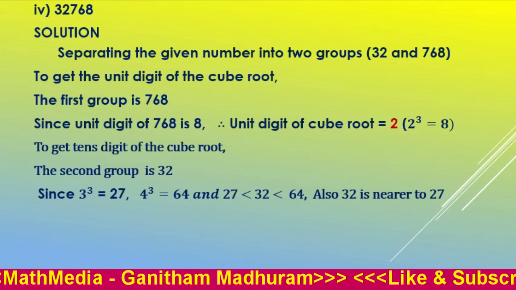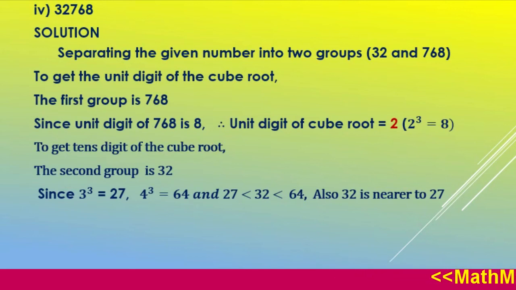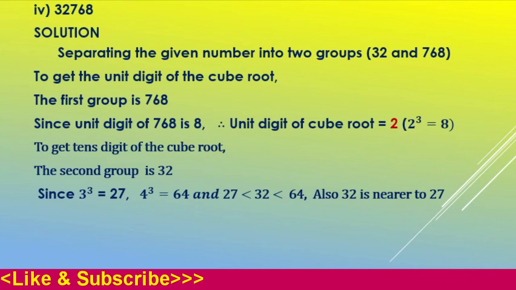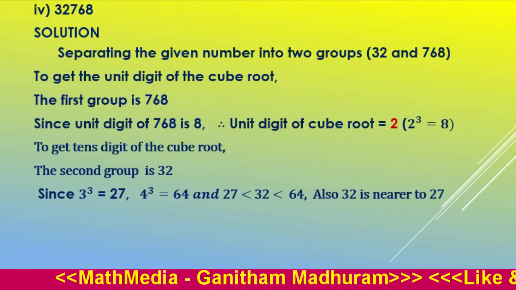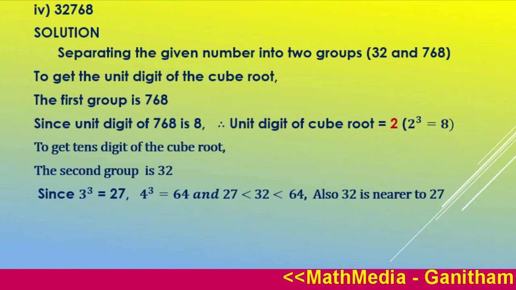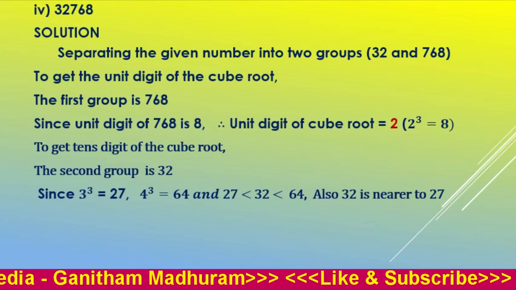That means 32 lies between 27 and 64. Now we have to find whether 32 is nearer to 27 or 64. As you know, 32 is nearer to 27.